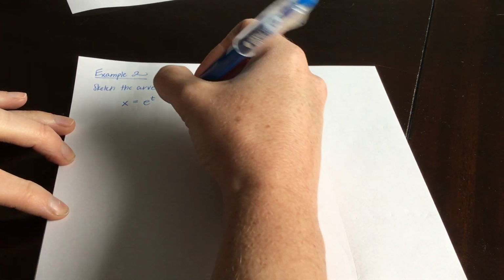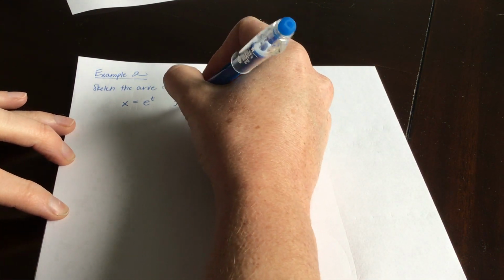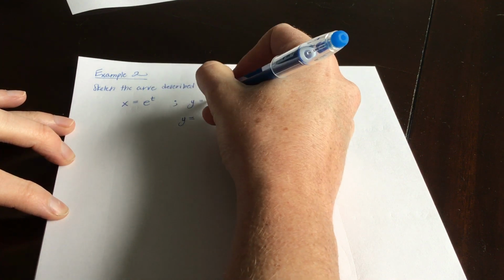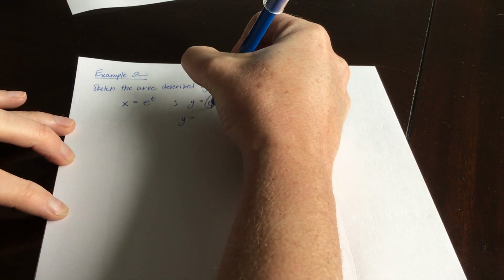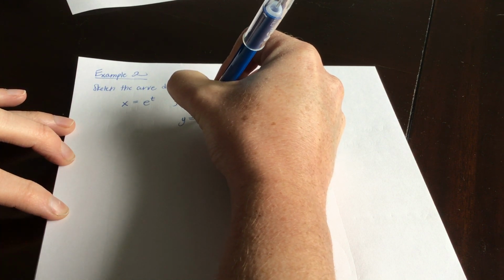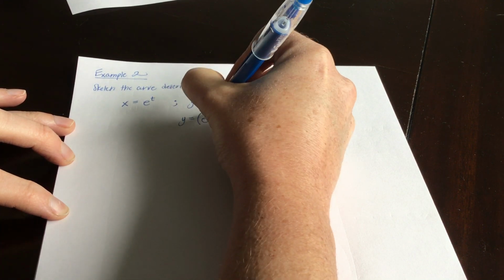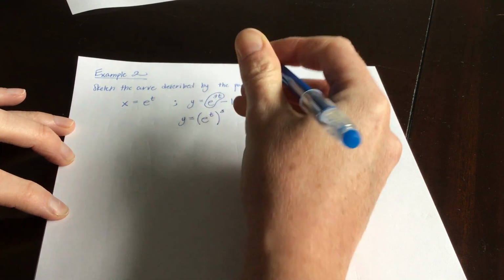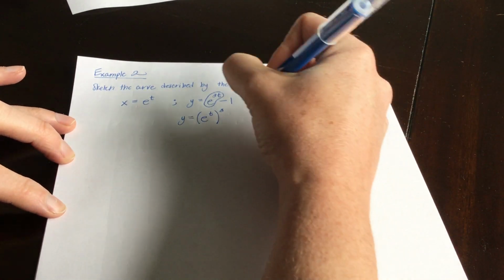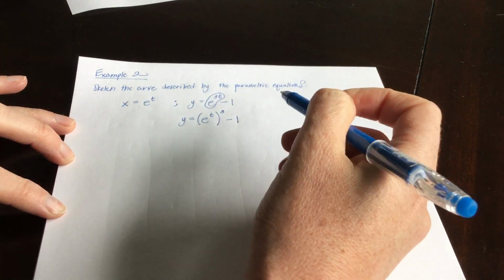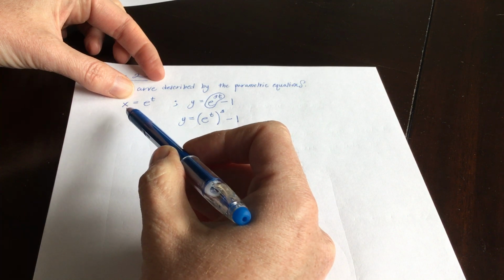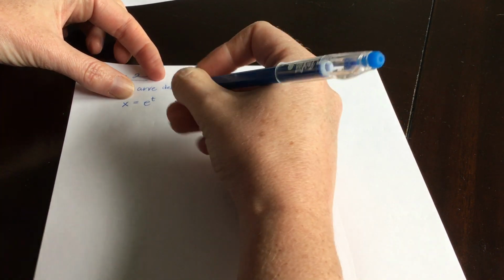But even easier, I would say, would be to start with a more complicated piece, use some properties of exponents right here on e to the 3t. Let's point out that that is the same as e to the t, cubed. And if that doesn't make sense, just remember if you raise a power to a power, you multiply them, and then you'd get e to the 3t back. Okay? And then that sets you up to use kind of an advantageous substitution where you could take e to the t and substitute x in.